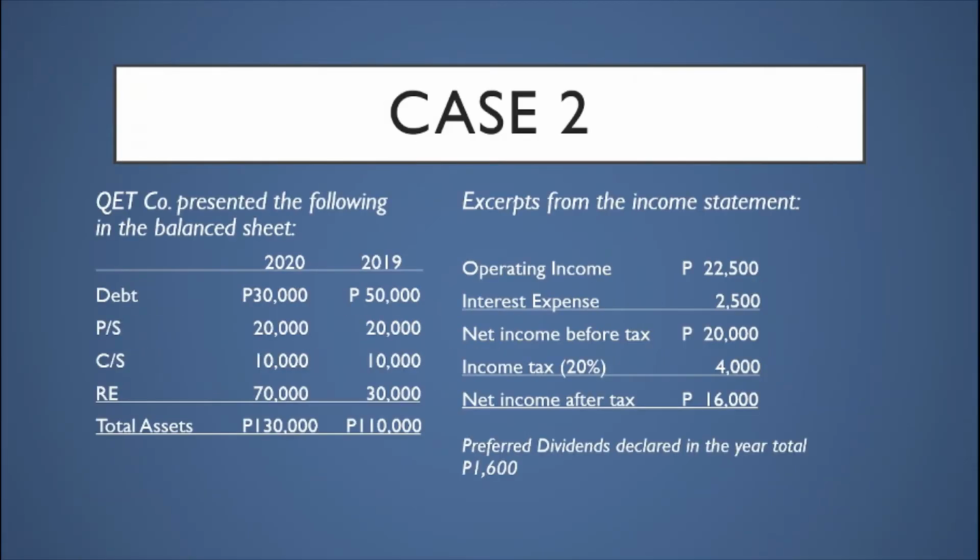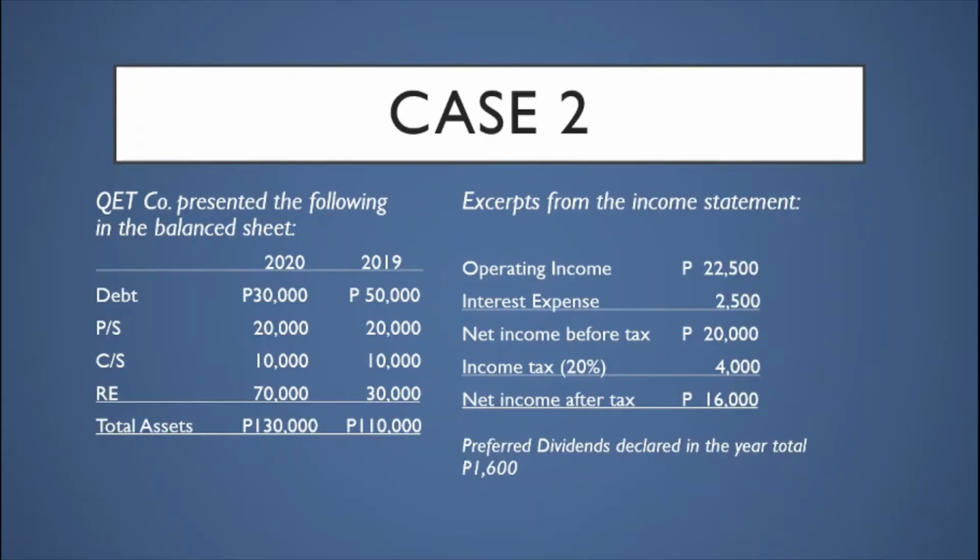Let us refer to the following case to demonstrate the calculation of the returns ratios. QET Company presented the following in the balance sheet. This is for 2020 and 2019. You have the amounts of debt, preferred shares, common shares, retained earnings, and the total liabilities and equity, which is equal to the total assets.